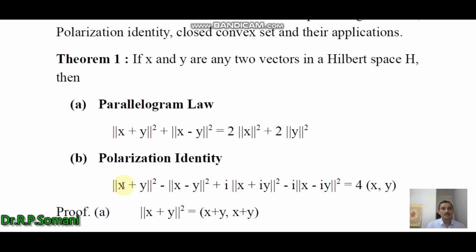This tells us that norm of x plus y squared minus norm of x minus y squared plus iota norm of x plus iota y squared minus iota norm of x minus iota y squared equals 4 times the inner product of x and y. Here (x, y) denotes the inner product defined in the Hilbert space H. So if H is a Hilbert space, then we have these two identities: first the parallelogram law and second the polarization identity. Now we will see the proof of them.